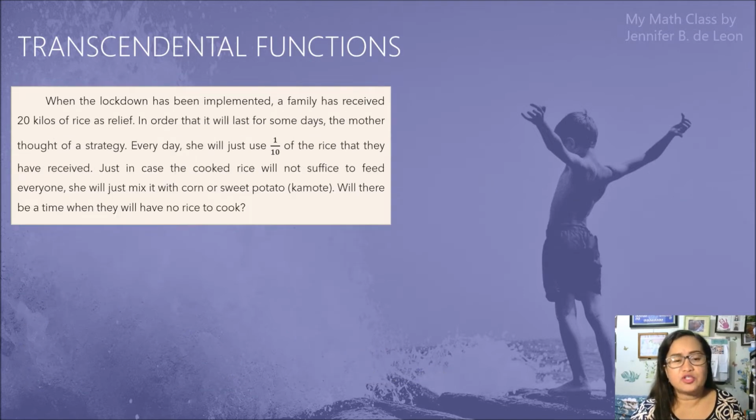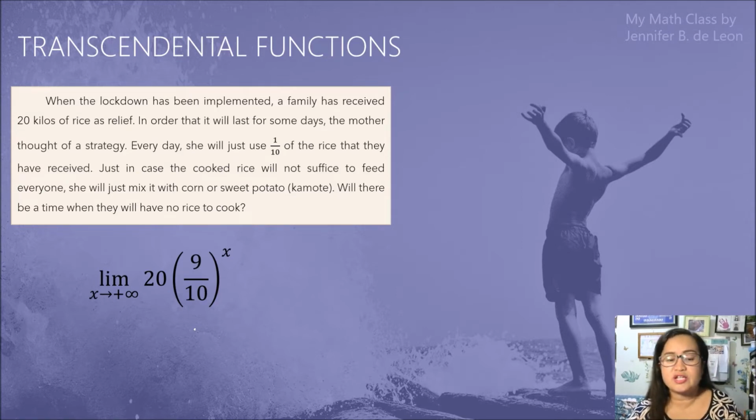Now, solving this problem, or answering the main question in the problem, will there be a time when they will have no rice to cook, is just like evaluating the limit of 20 times (9 over 10) raised to x as x approaches positive infinity.